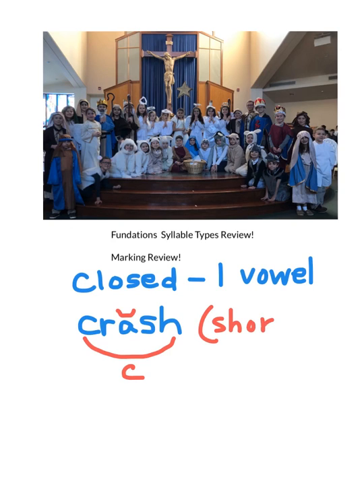The sound of the vowel is short. We can also do a couple other markings here, and that would be CR for the blend, and we could also mark SH because that is a digraph. I'm sure that you remember all those markings because you're so good at it.